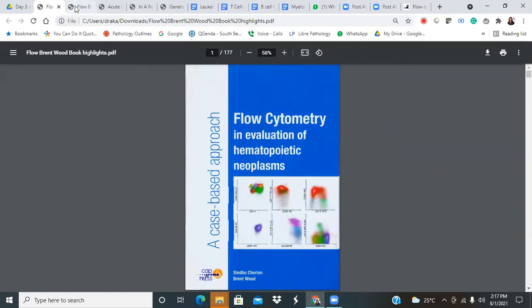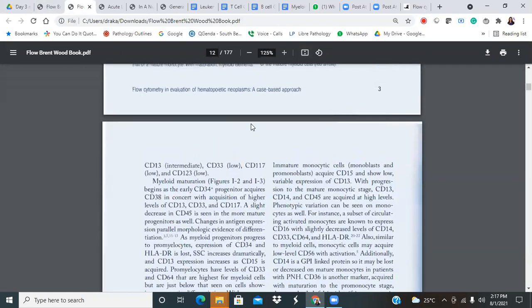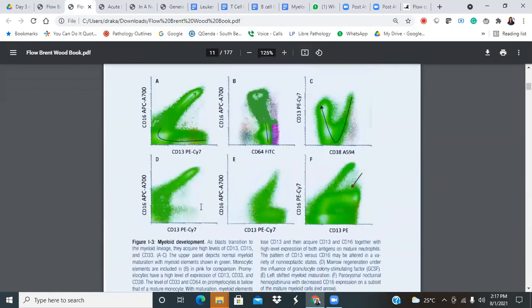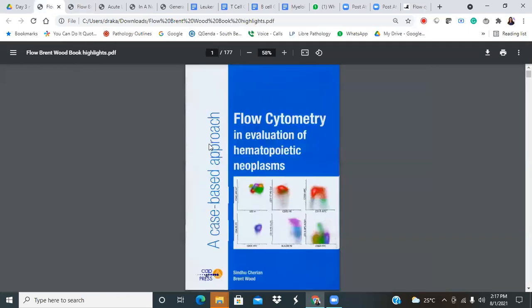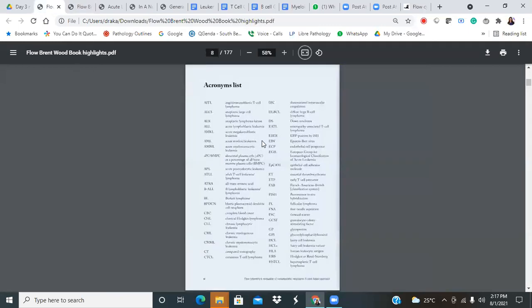So if you go back to this picture, there will be more of these mature precursors, mature forms that will be present in a hemodiluted marrow. So that's something that you have to remember, that the immature forms will not be there, and in a hemodiluted marrow, you'll not see this kind of graph. You'll rather see more of the mature forms. Oh, okay. Thank you.